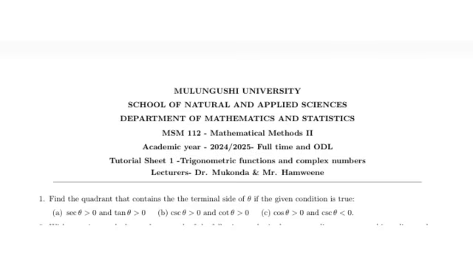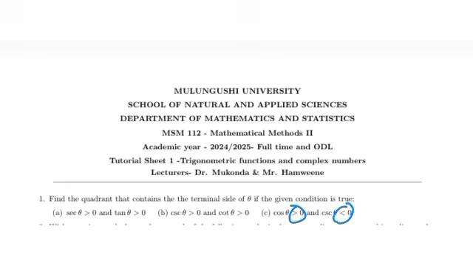Okay, so now let us go to the third question, which is 1C, cos theta and cosec theta. They are saying here there's a condition: cos theta is positive, but cosec theta is negative.